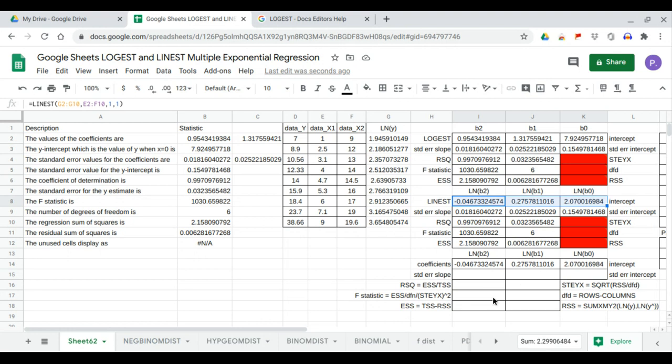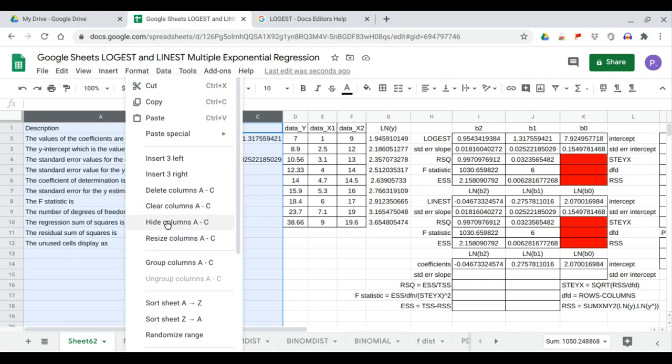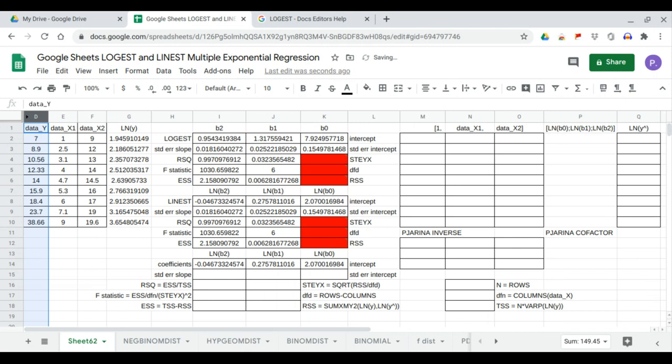We'll calculate the rest of these outputs using the matrix solution. We can now hide this. And here's the matrix solution. We begin with the 1 comma x matrix.